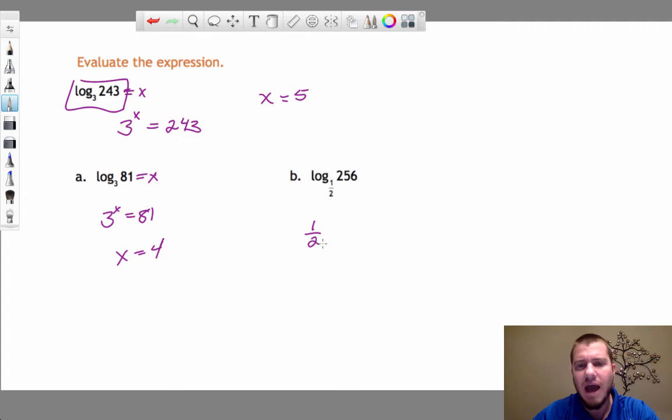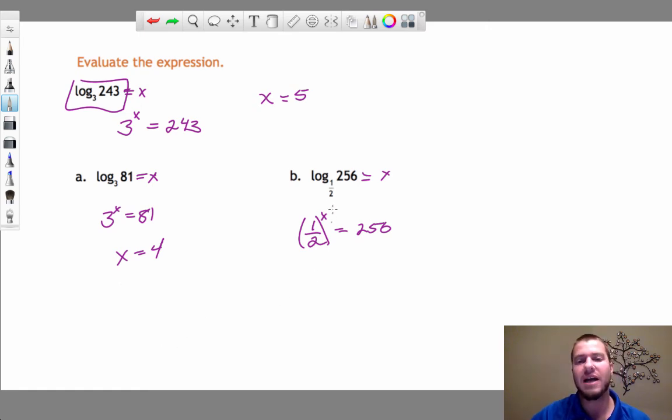And what if I have something like this? The base is 1/2 here, raised to what is equal to 256. That's evaluating this log, base 1/2 of 256. The only possible way to get this fraction to equal a whole number like this is if I can get this denominator to come up to the numerator. And what can do that is if the exponent is, you are correct, negative.